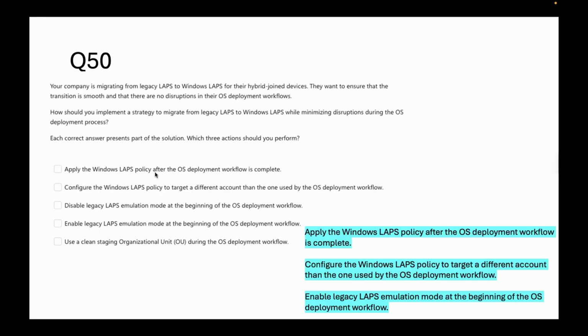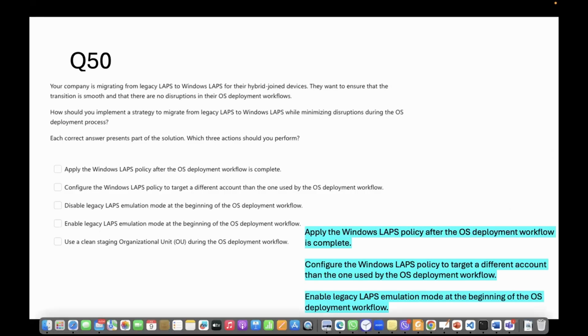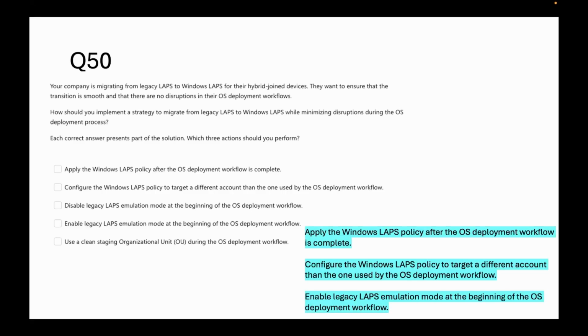It is about, as we discussed, Local Administrator Password Solution for hybrid join. So we can apply this policy to the OS deployment workflow, then configure the LAPS policy to target a different account than the one used by the OS deployment workflow. And finally, we will also enable the legacy LAPS emulation mode at the beginning of the OS deployment workflow.